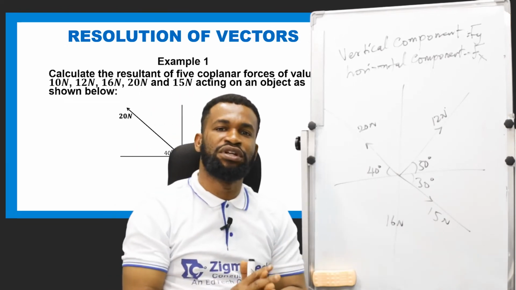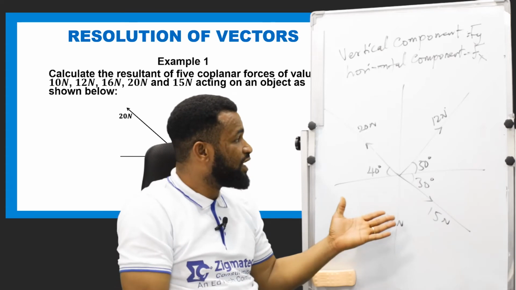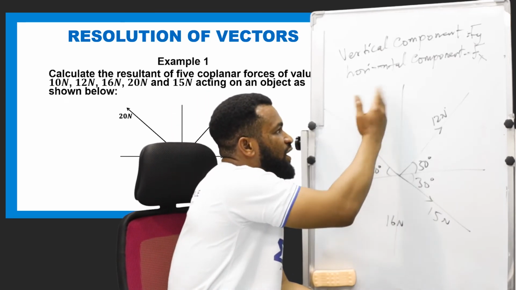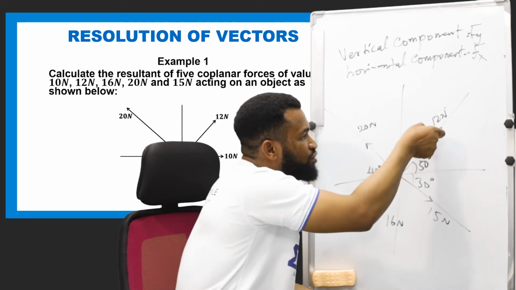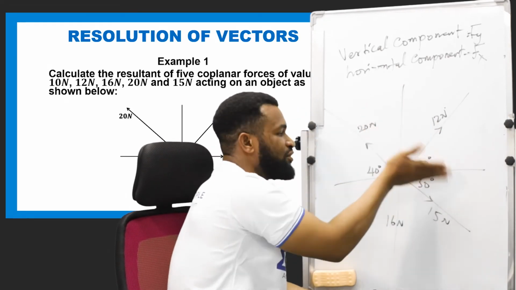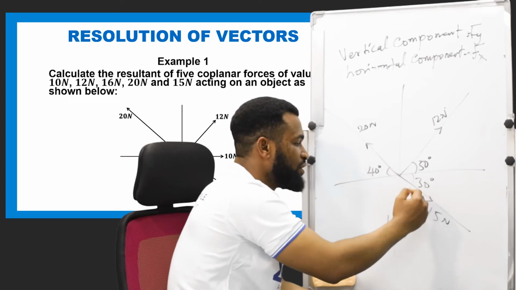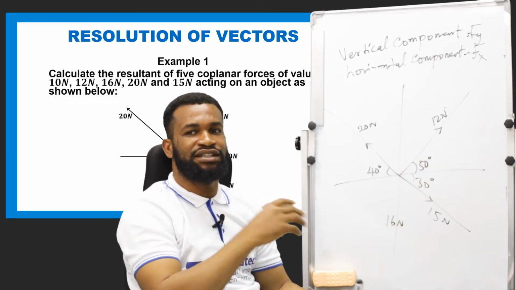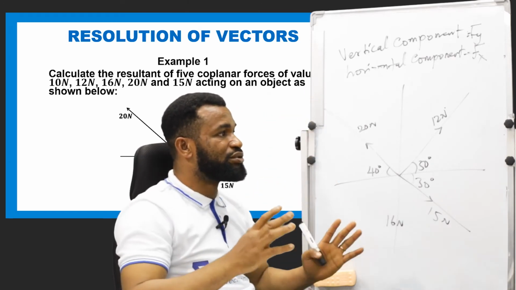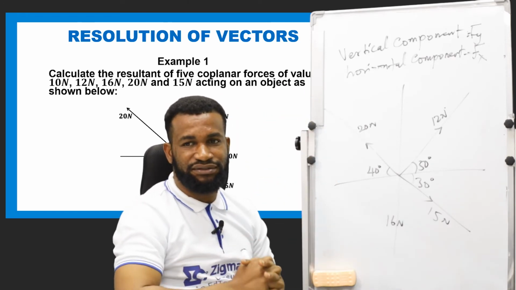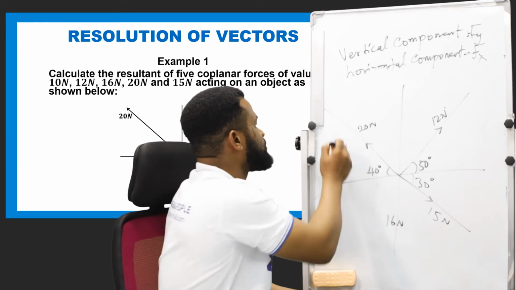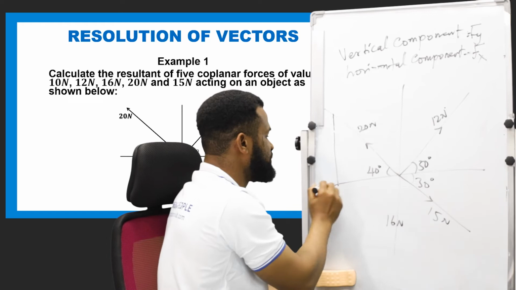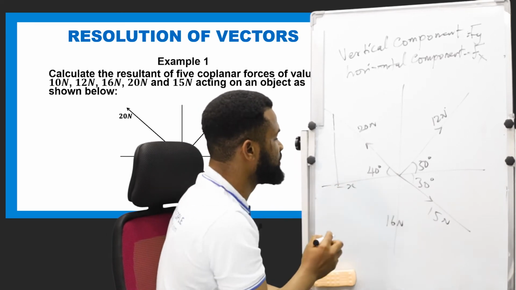This is no longer the one we learned. But however, I am going to resolve one of these into vertically and horizontally. I resolve it into vertically and horizontally. After that, then I will be able to break it into opposite forces. Let's start with this one. I'm going to make a projection of this vector on the vertical axis, which is negative y.